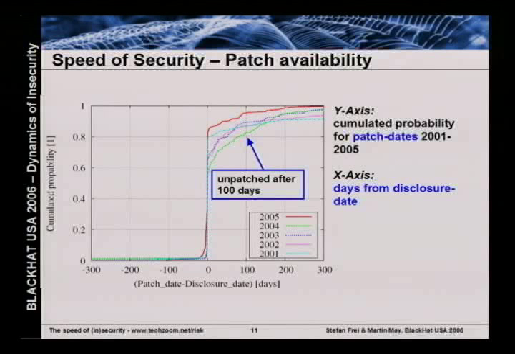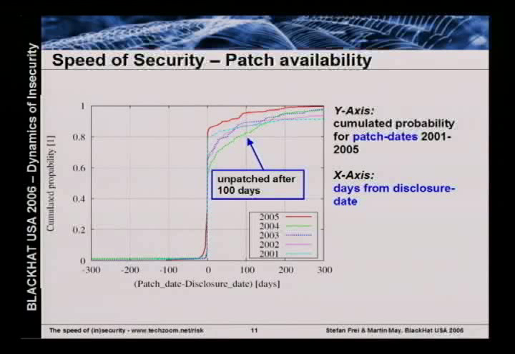So between, say, 60% or 80% of the patches are made available at the disclosure date or a little before. What we also see is that patches are made available after the disclosure date, but the rate seems to be much slower than the availability of exploits. But you also see that, say, at 100 days after the disclosure, still a lot of vulnerabilities have no patch available.